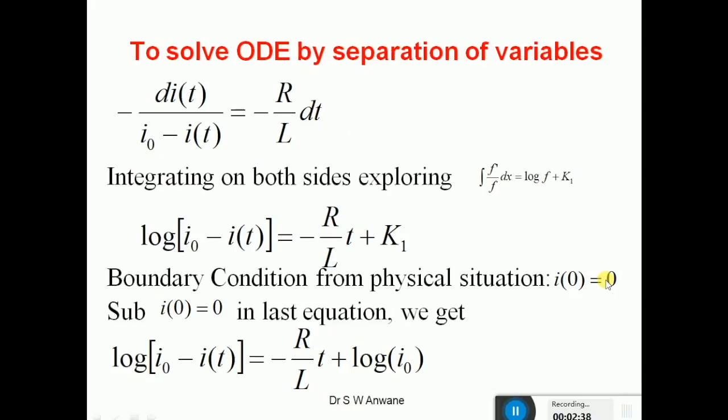Now I have only multiplied this equation by -1 so that I can fit the integration formula properly, and the integration is integration of f dash upon f dx is equal to log of f.